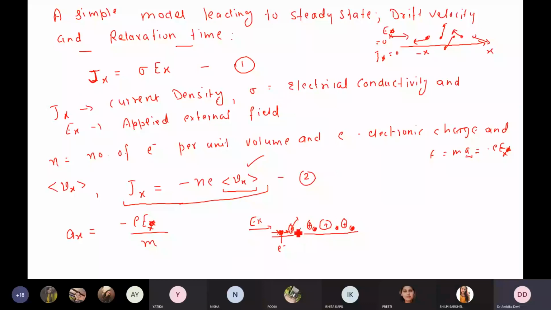After the collision, the velocity of the electron will decrease, but due to the impact of this external electric field, the electron will again gain velocity, be accelerated, and start moving with increasing velocity. After that, it may also collide with another positive ion.